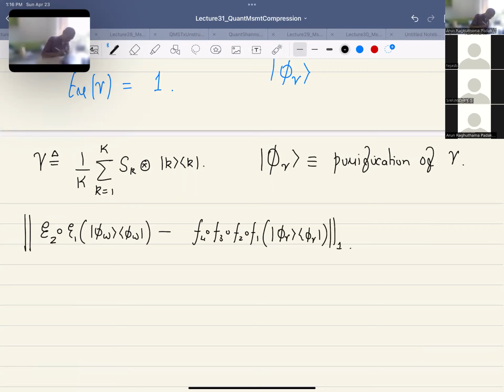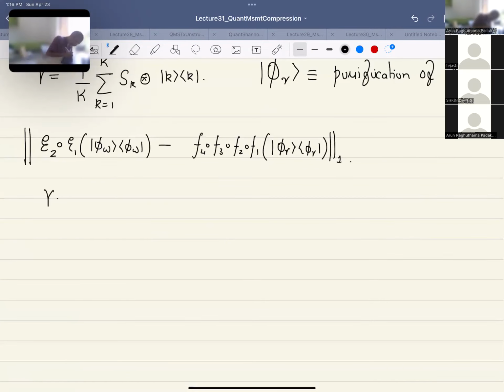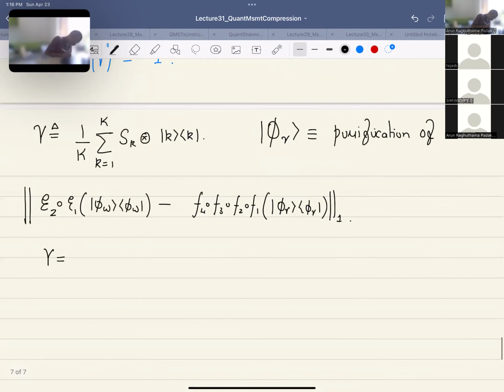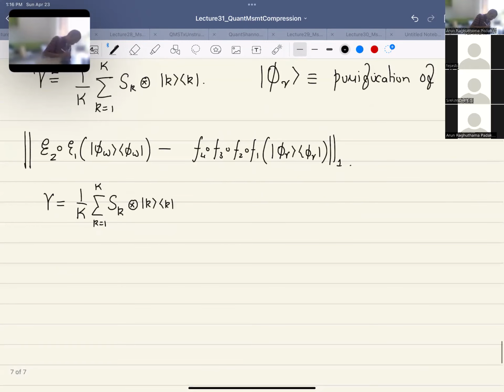And what is gamma? I'll write down all the terms and I will leave a homework here. Gamma is 1 by K summation k equal to 1 through capital K sk tensor kk. And what is sk?